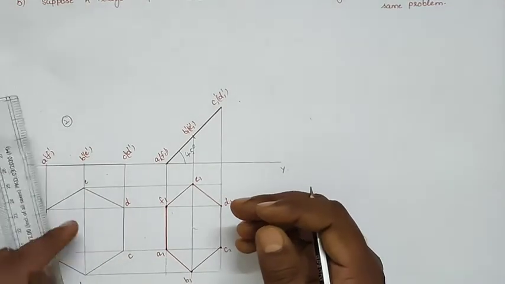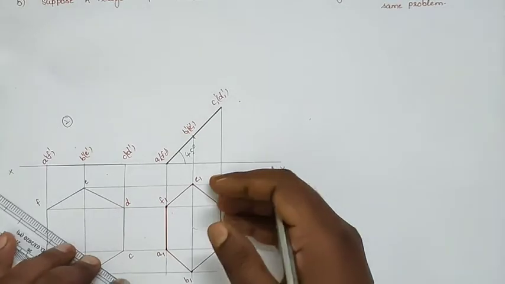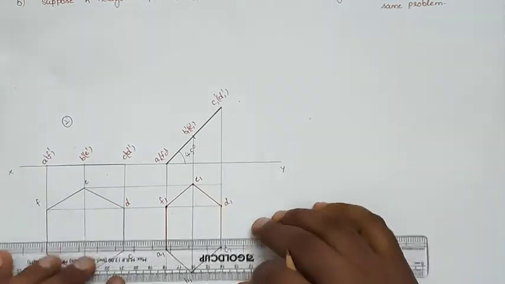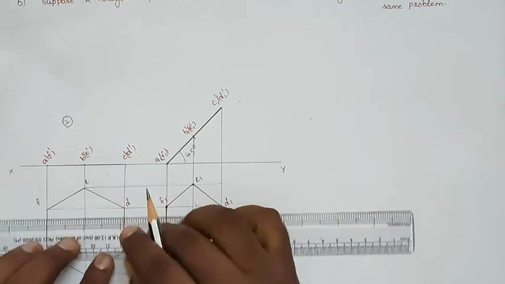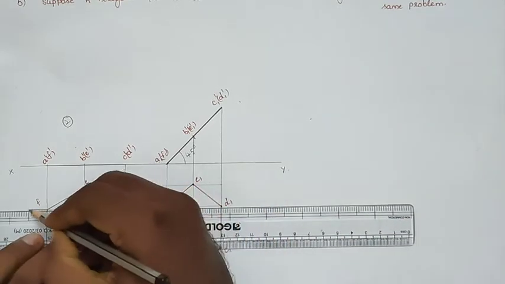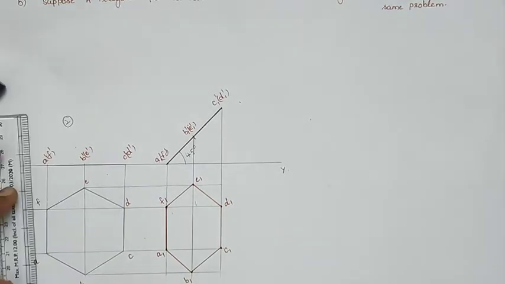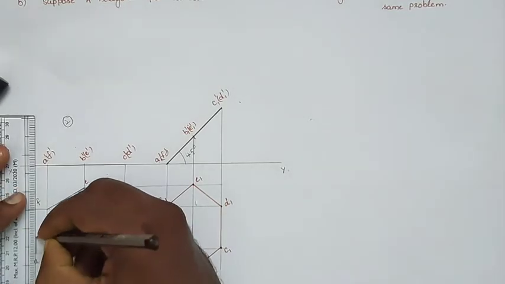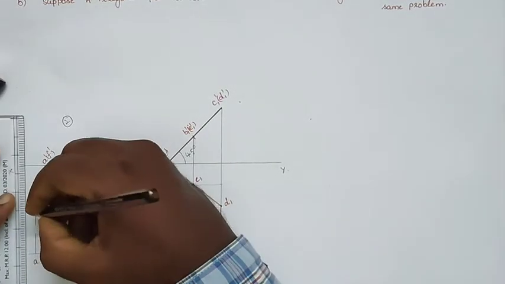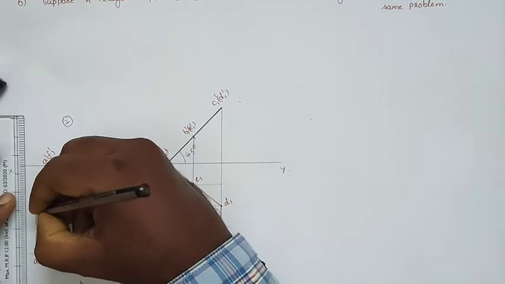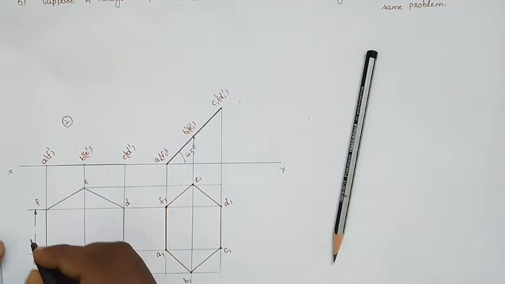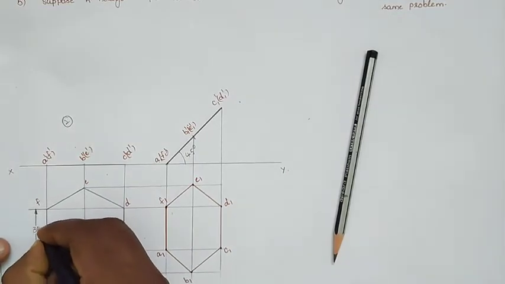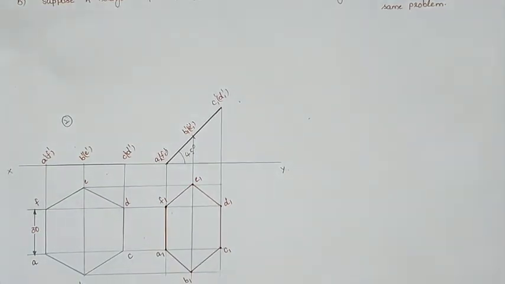Now we'll give the notations and the dimensioning also. The dimension of the hexagon is given as 30 mm side. Like that we will draw the projection.